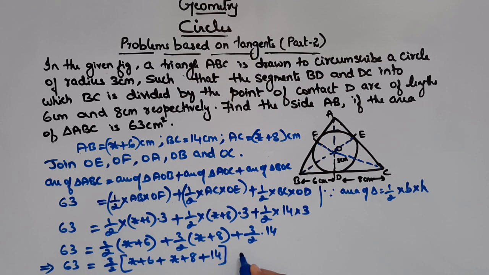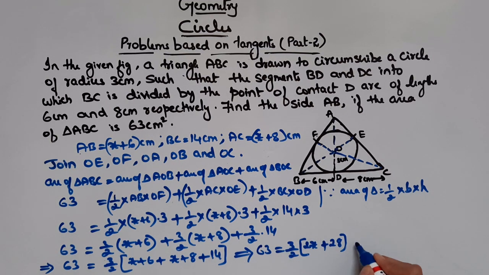This implies 63 is equal to 3 by 2 into 2x plus 6 plus 8 plus 14, which gives 28. So when you simplify this equation, this will give you x is equal to 7.